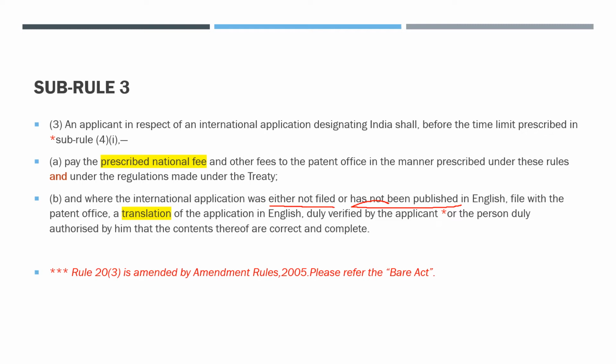So the applicant or the authorized person can verify the correctness or completeness of the translation actually. Fine. Okay, so Rule 20 sub-rule 3 is amended by Amendment Rules 2005 and please refer the Bare Act for the same.